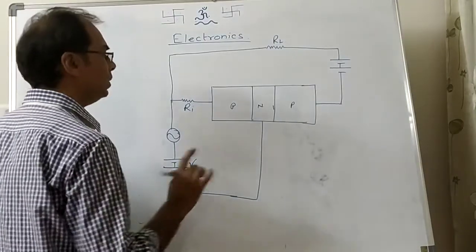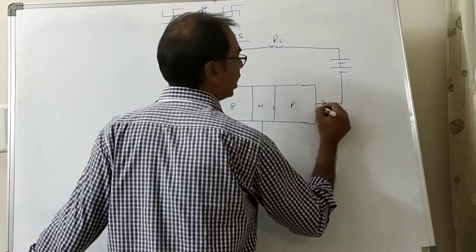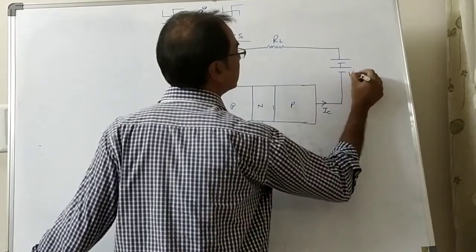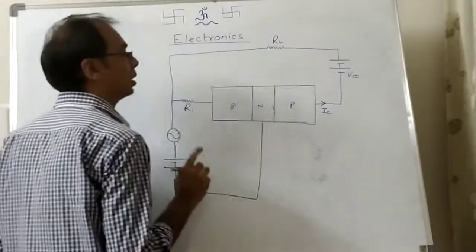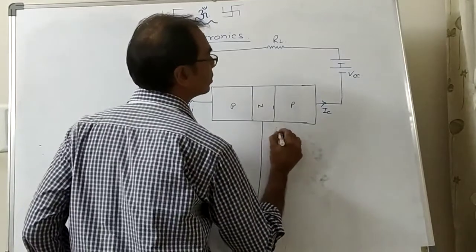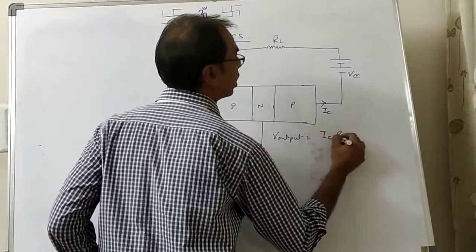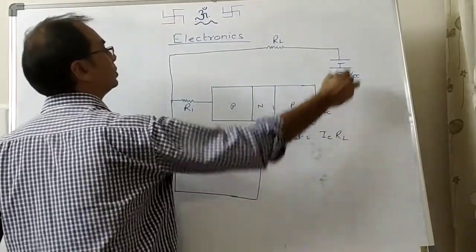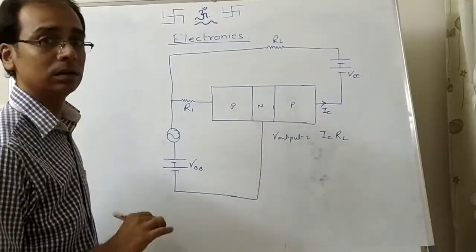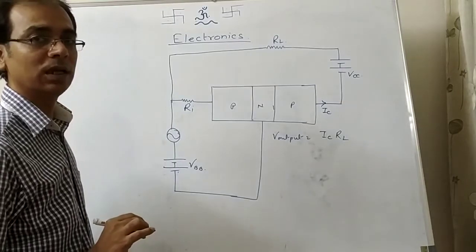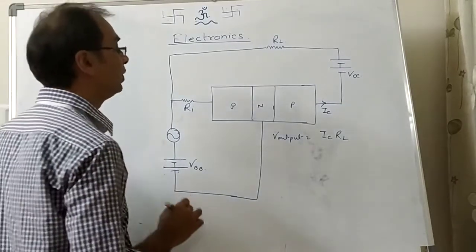Now, what is the output current? IC. This is VCC. So output voltage V output is what? It is IC into RL. Remember that. Did you understand that? What is V input then?